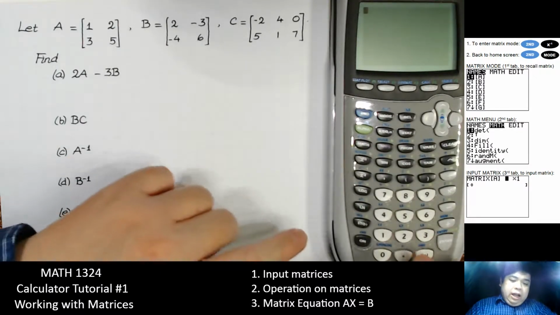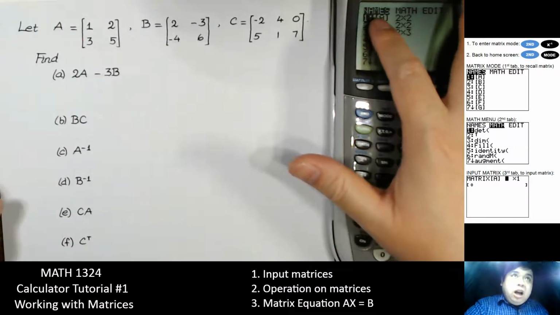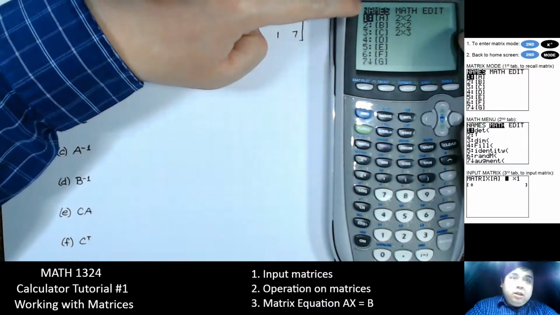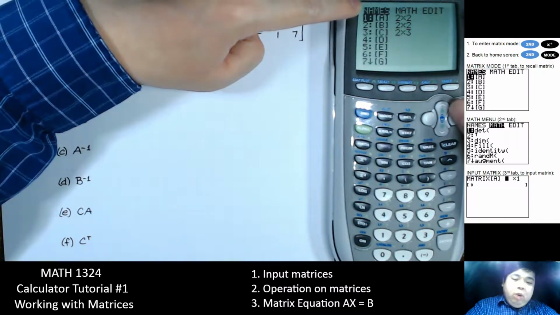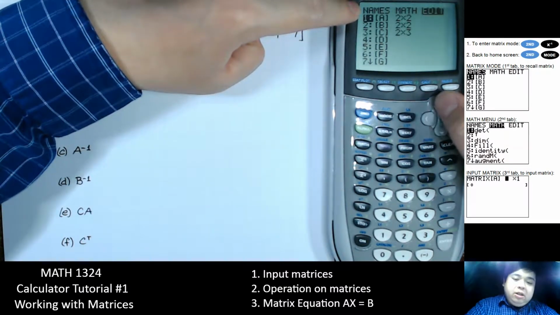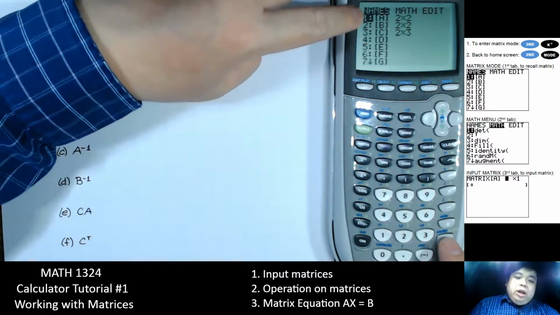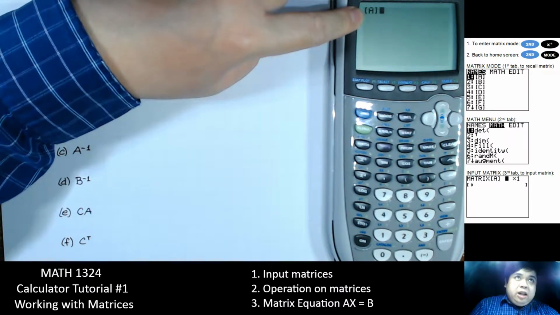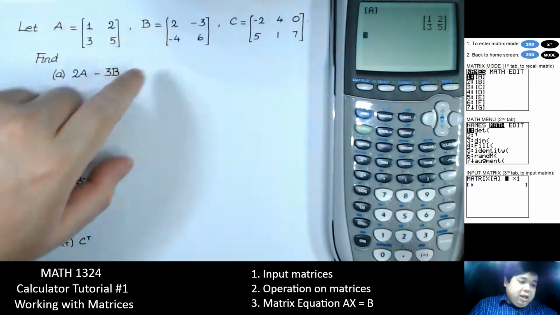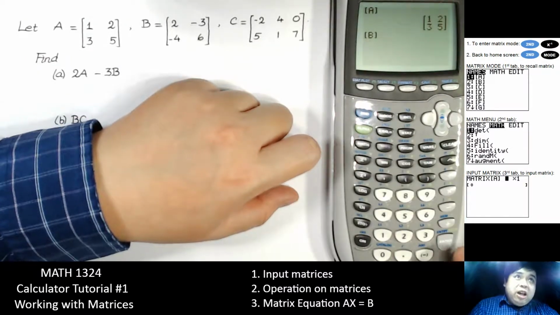Now if we want to recall it, we should highlight it under the first tab. If we want to input or change the matrix, we use the last tab, but to recall it we use the names, the first tab. So if we highlight the first one and hit enter, it will give you matrix A. Just check to make sure that we entered everything correctly.